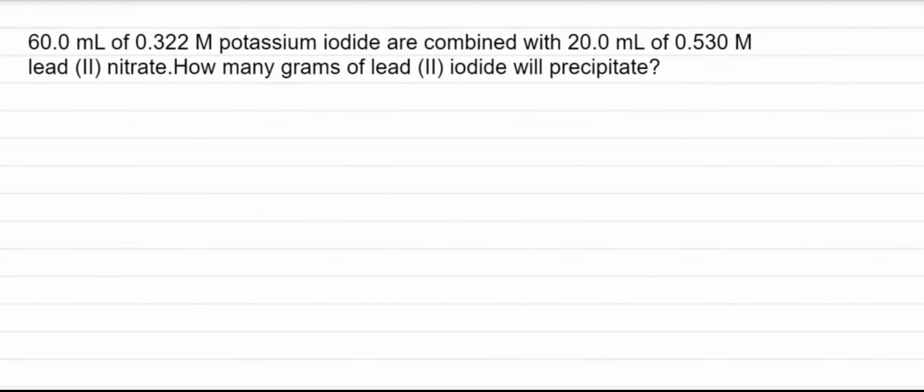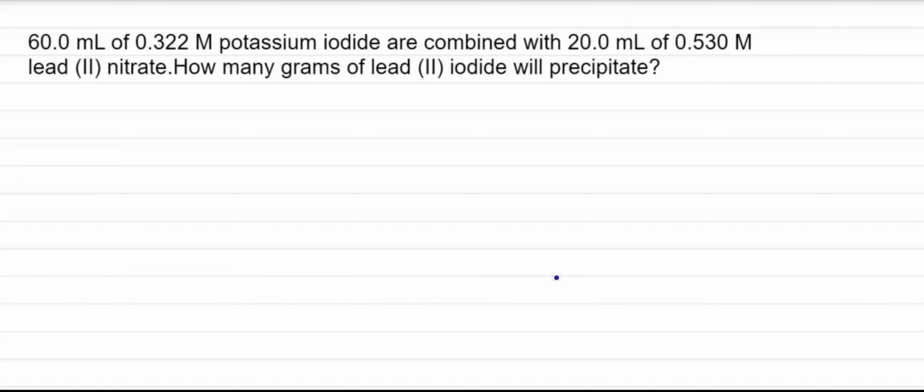All right, let's have a look at one more example. 60 ml of 0.322 concentration of potassium iodide are combined with 20 ml of 0.53 concentration of lead 2 nitrate. How many grams of lead 2 iodide will precipitate? So again, we need to write the equation.